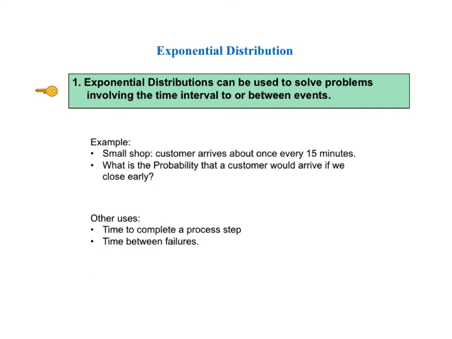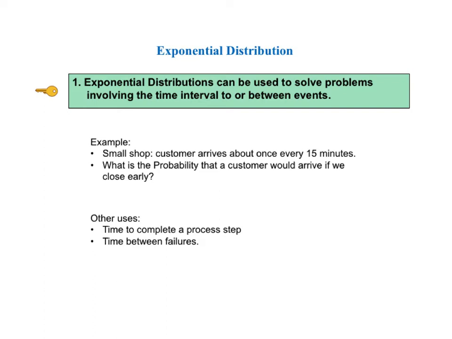KTU number 1 says, exponential distributions can be used to solve problems involving the time interval to events or between events. For example, we own a small shop and one new customer arrives on average every 15 minutes. So the mean time interval between customer arrivals is 15 minutes. We would like to close up shop 10 minutes early today.